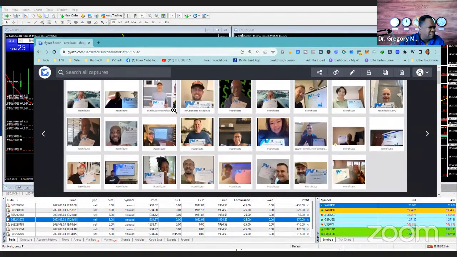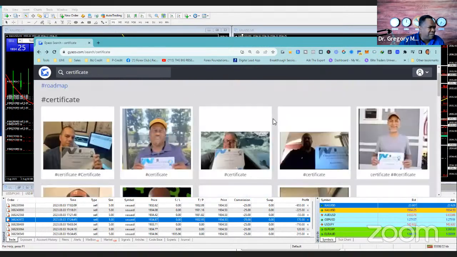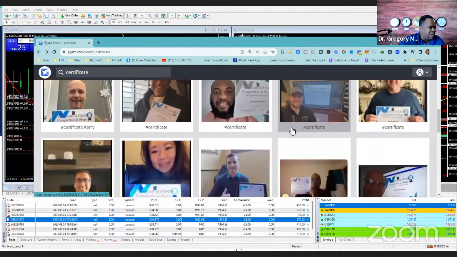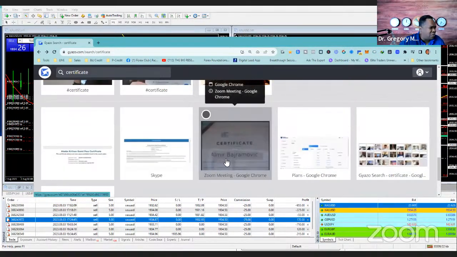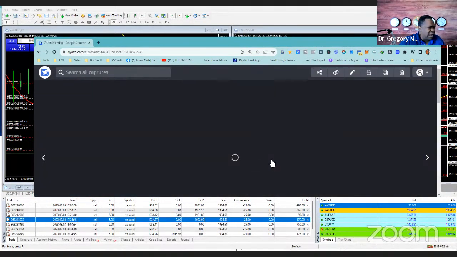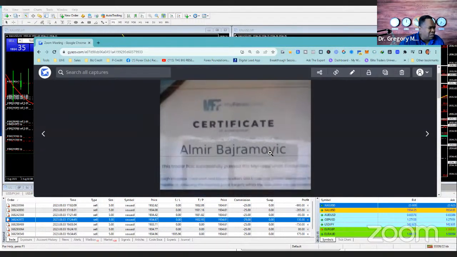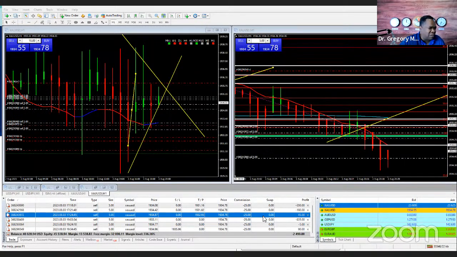We have lots of happy clients, and after they pass our challenge, we actually help them pass their My Forex Funds challenge, so they get certificates for My Forex Funds. And you can see that because we can forecast the market.